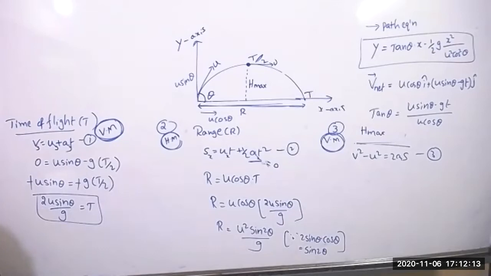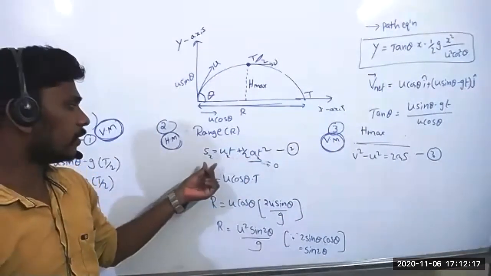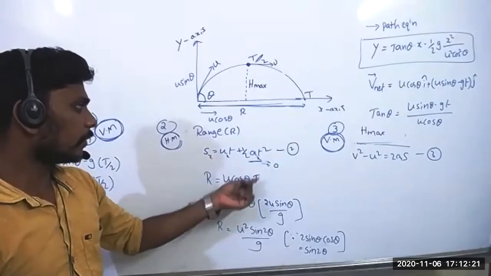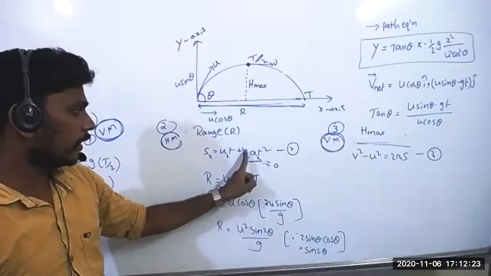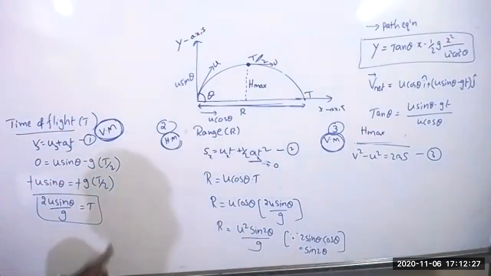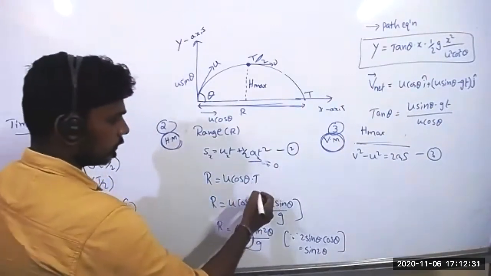I applied in the horizontal direction Sx equals R, Ux equals U cos theta, and Ax is 0. We know that it is equation 1, so it is equation 2.